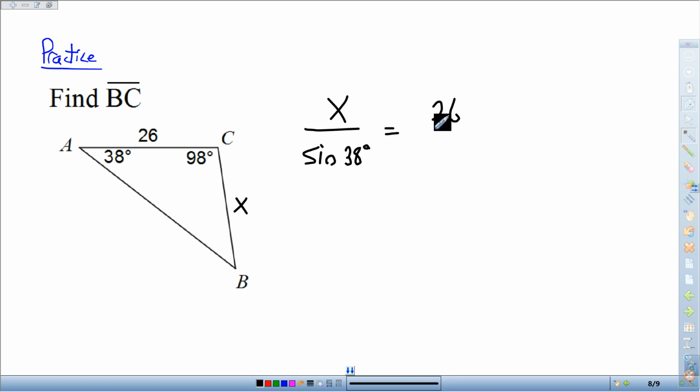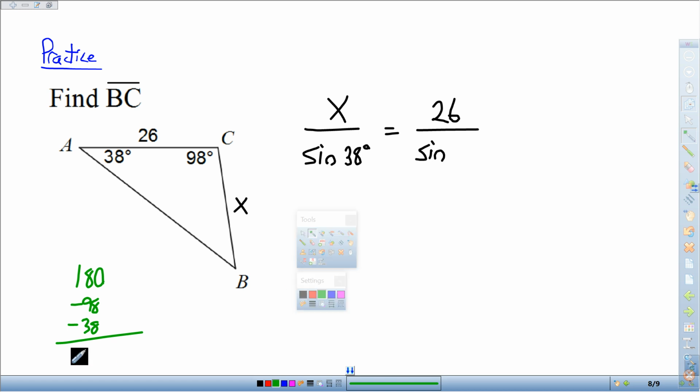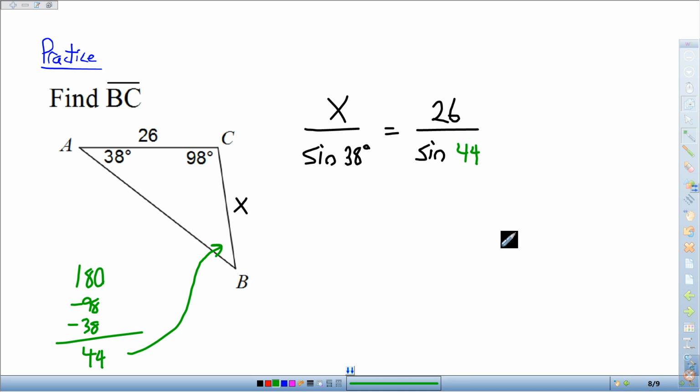So I'm going to start writing this out though: 26 over sine, and I need to find this angle. Again, I'm just taking 180 in my calculator, subtracting these other two, 98 and 38. 98 plus 38 subtracted from 180 looks like we're getting 44. So there is the measure of that angle, and that's the one we want to use.